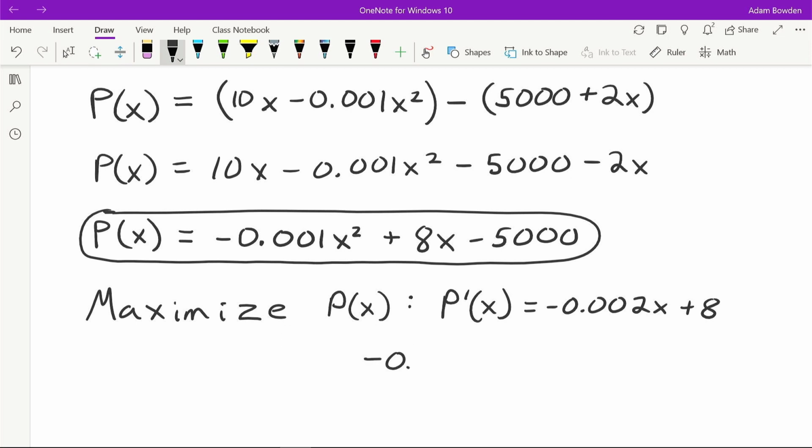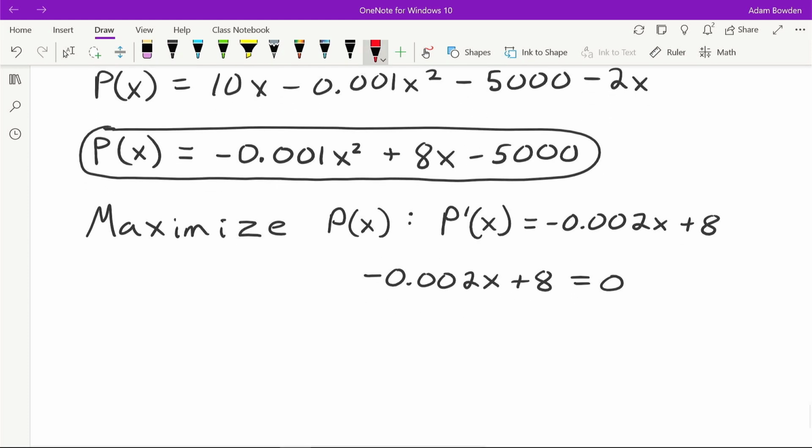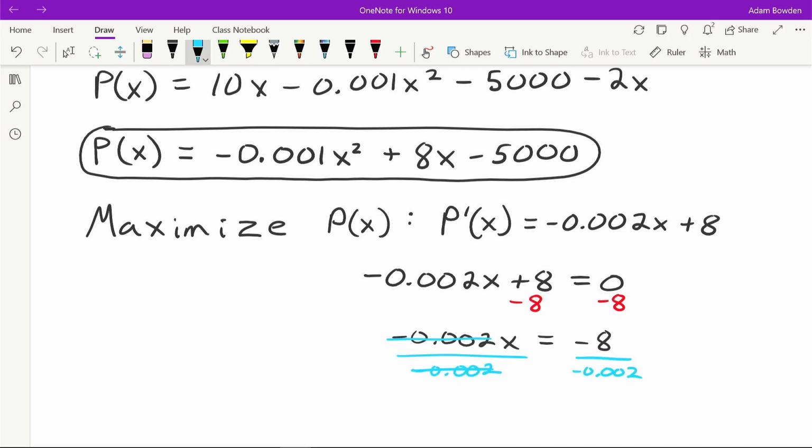And let's set that equal to 0 and see what happens. Let's subtract over the 8, and we'll divide out by that number in front of x. Okay, and what we're going to get here is x is equal to 4,000.